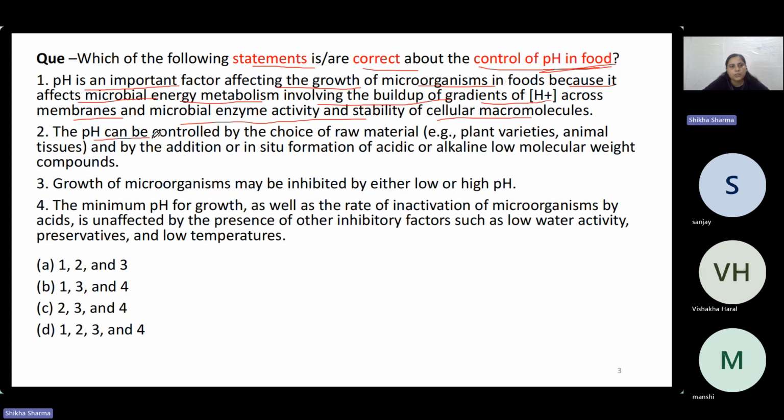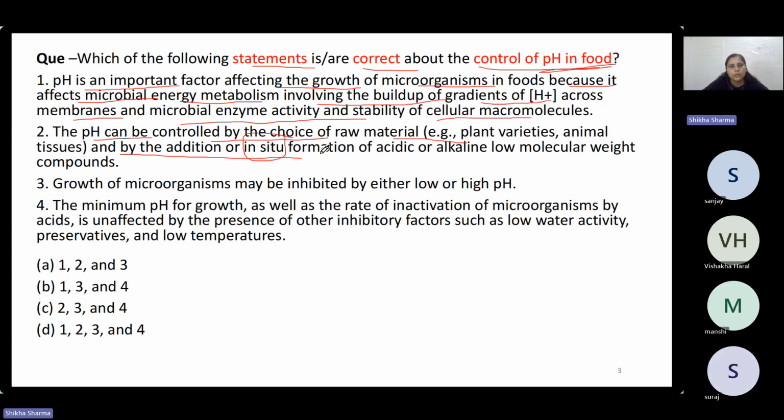Second, the pH can be controlled by the choice of raw materials like plant variety, animal tissues, and by the addition or in situ, in situ means in the food's original location, or in situ formation of acidic or alkaline low molecular weight compounds in the food if they form. So it talks about that.